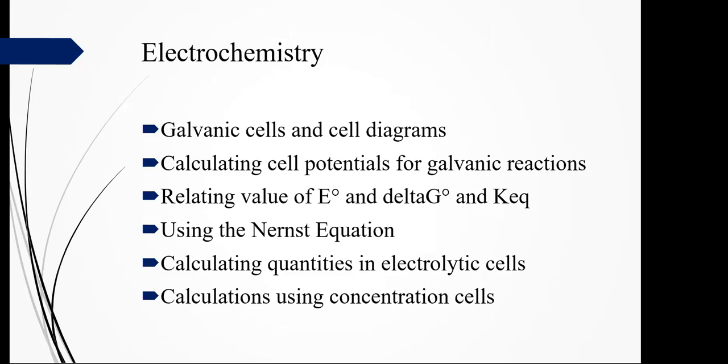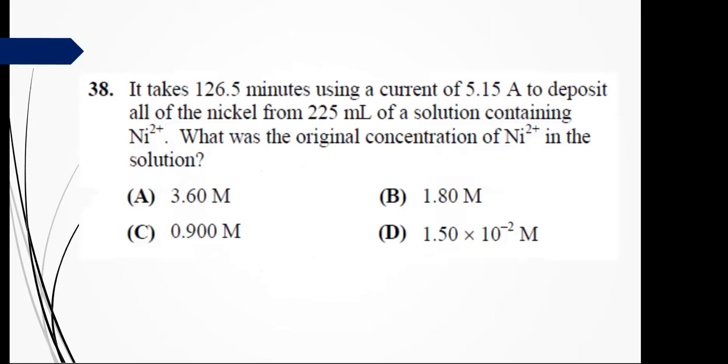Electrochemistry, a lot of it focuses on galvanic cells, and so finding your delta E's. There's some that does your electrolytic ones, so making sure that you can take your currents and turn them into the amount of material. And then you have some that uses your Nernst equation, so it ties in your concentration impacts. So let's try this one here.